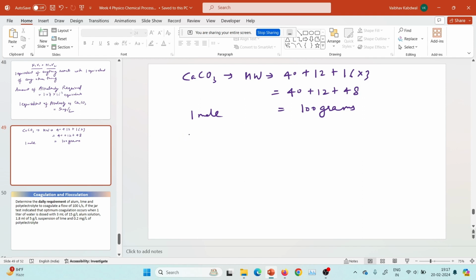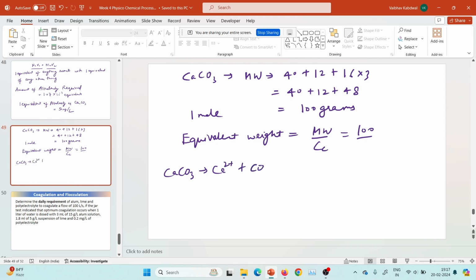So what is the equivalent weight? Equivalent weight is molecular weight divided by its combining capacity, so 100 divided by its combining capacity. For CaCO3 it is Ca2+ and CO3 2-, so its combining capacity is 2. So its equivalent weight is 50 grams.